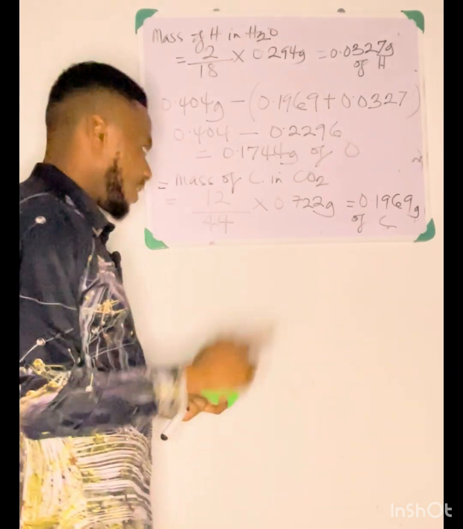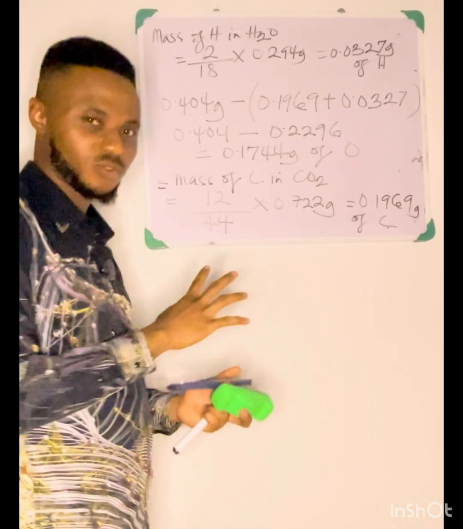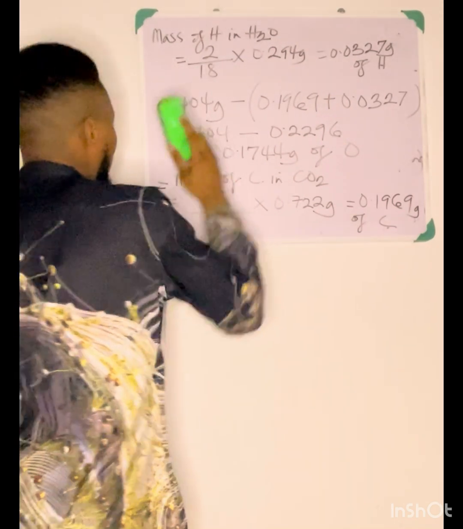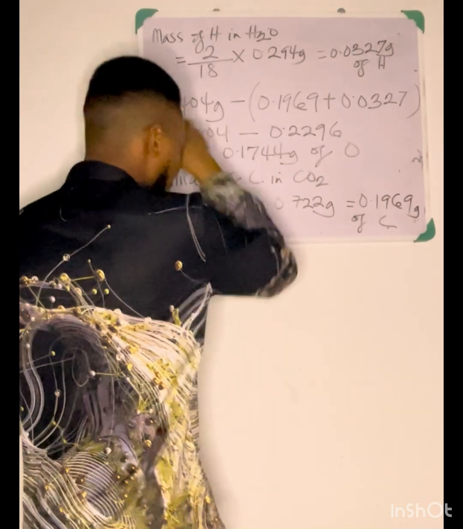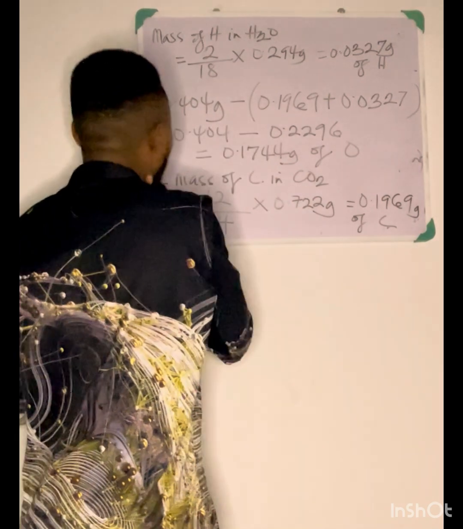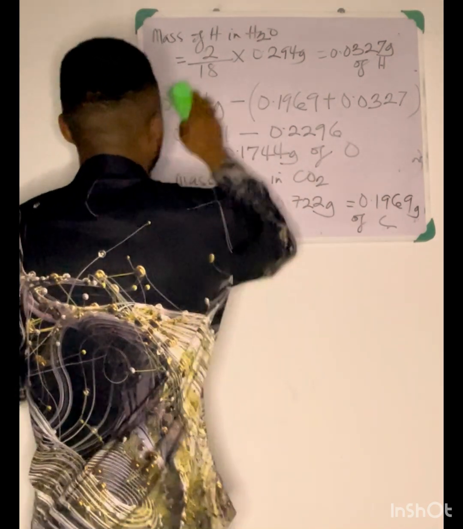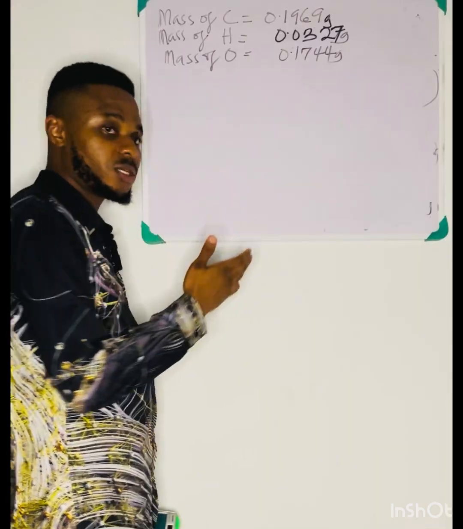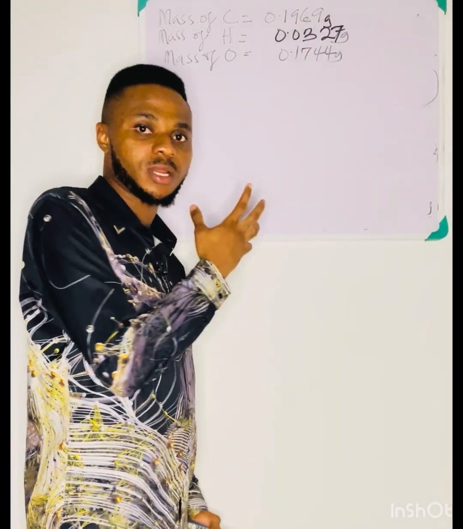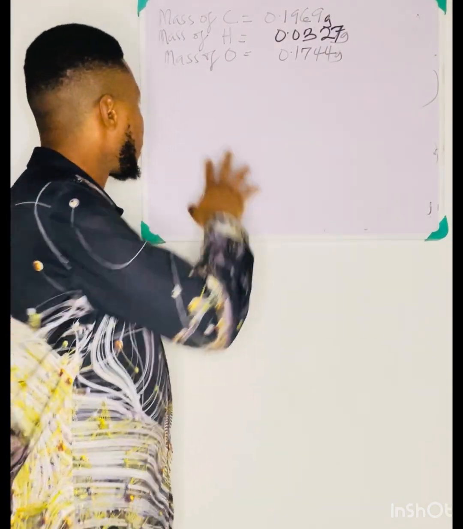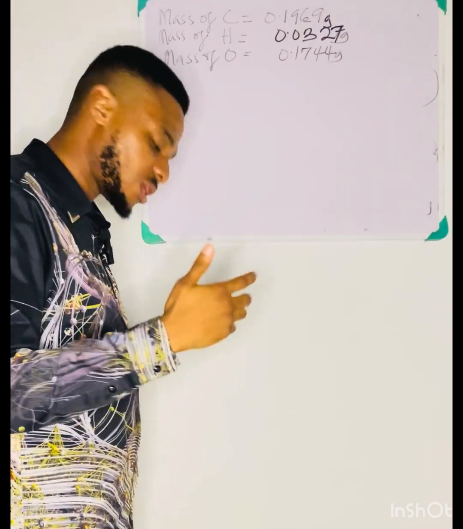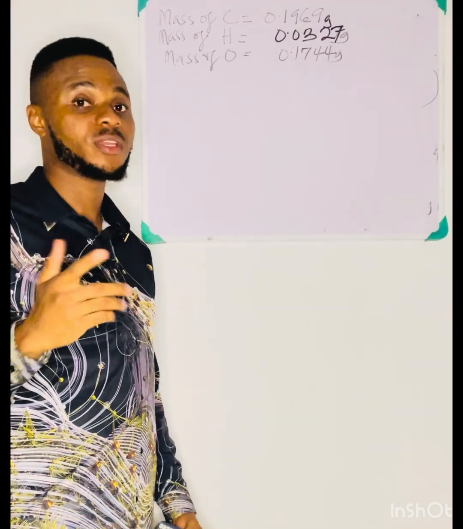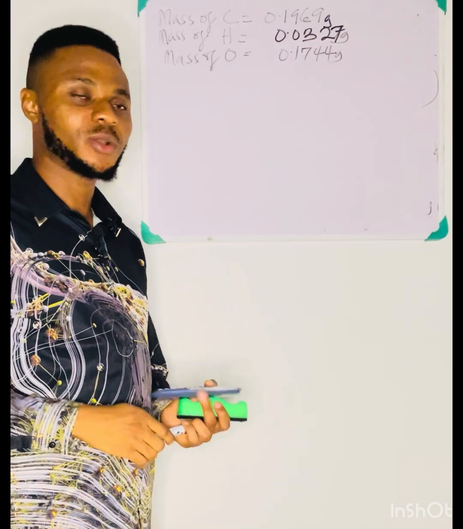All right, so now we are still proceeding. Now we can wipe this so we can go straight into solving the actual question. As you can see, we have gotten the mass of carbon, hydrogen, and oxygen. Now we have to go straight to solving the empirical formula and also the molecular formula.